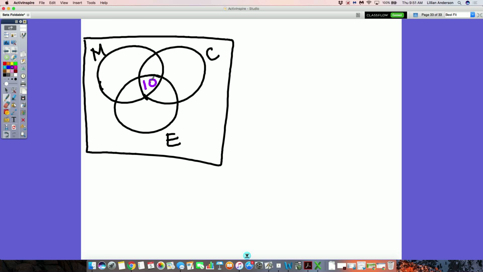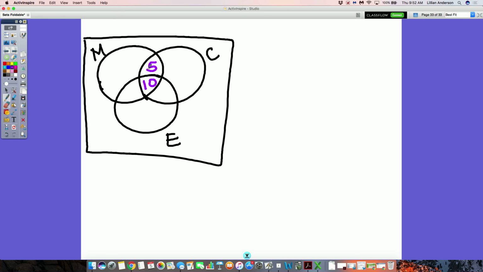Now, if 10 study all 3 and then it says 15 study chemistry and music, that means that this little intersection piece right here between music and chemistry should equal 15. Because it's not like it said study music and chemistry only. It said music and chemistry. So then the ones who studied only music and chemistry would be what? Would have been 5. And as you can see, the intersection between music and chemistry does add up to be 15.